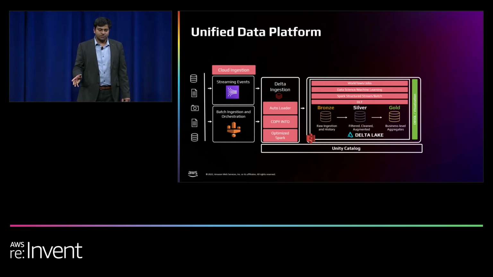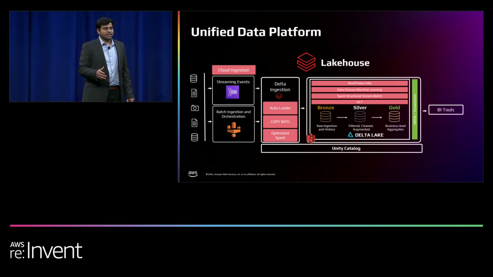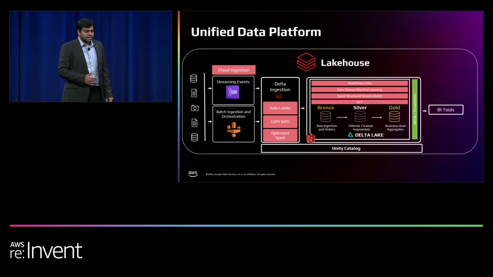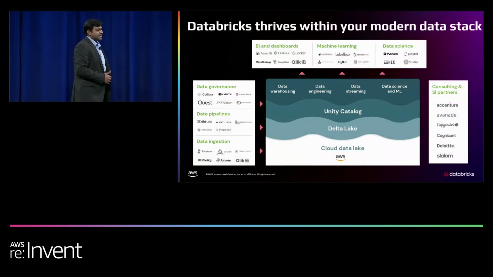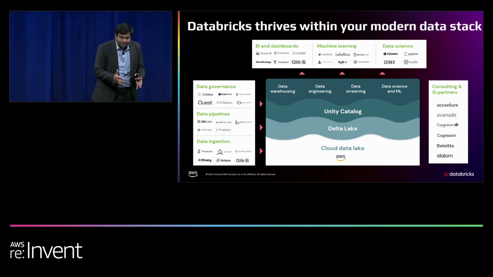It automatically does it for you. And hence, you build a lakehouse. This gets complete when you bring in BI tools to connect onto that data set. And therefore, what Databricks enables is this whole modern data stack. It thrives in your modern data ecosystem, right?